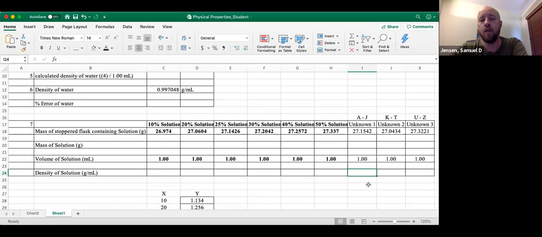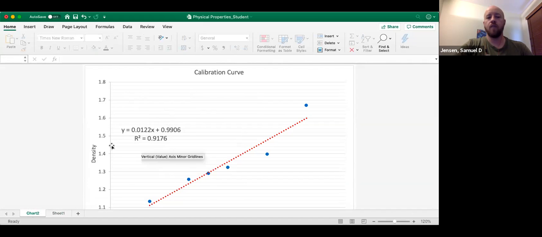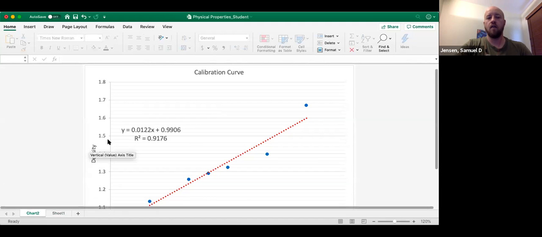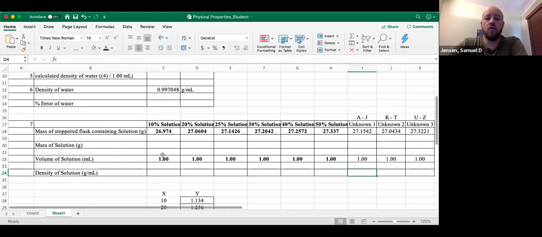Now, this is important. Once you get the density of your unknown, once you have a graph and an equation, you take your density and plug it in for y. This is an analytical experiment. We took time to use analytical pieces of glassware.